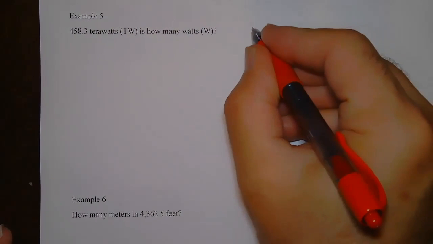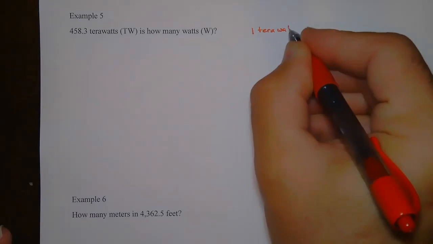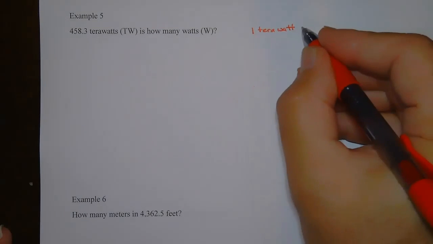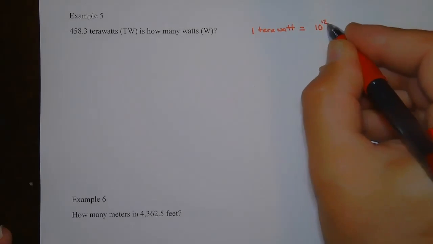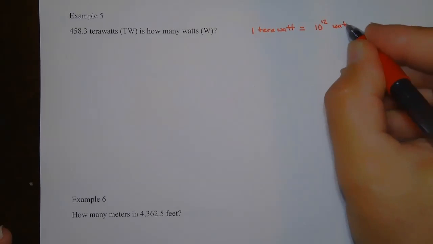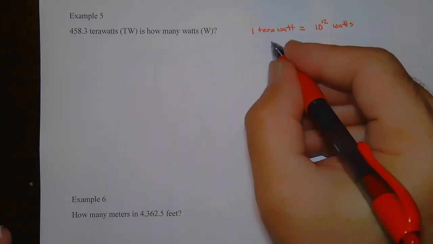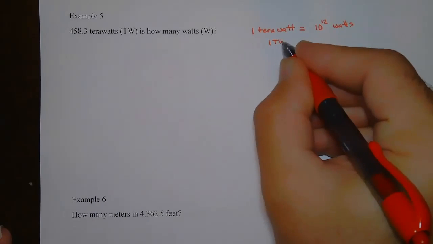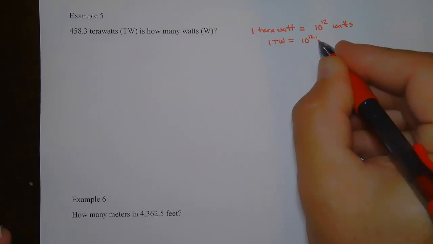I need to use that because I know 1 terawatt is equal to 10 to the 12th watts, because that's what my chart said. The abbreviation for terawatt is 1 TW, capital T, capital W, equal to 10 to the 12th, and the abbreviation for watts is a capital W.